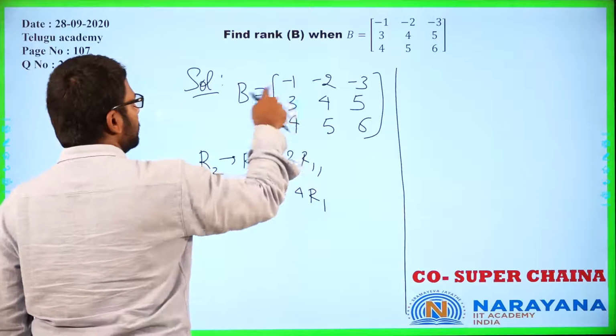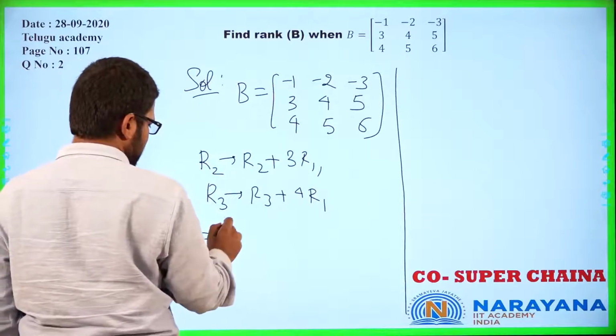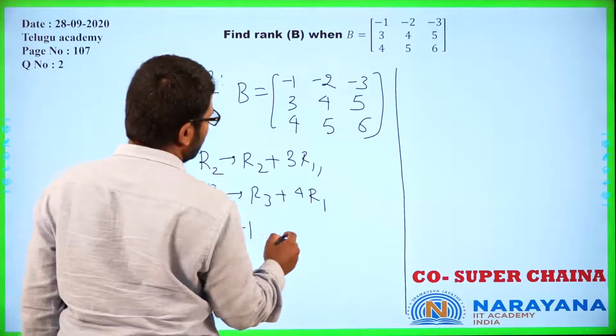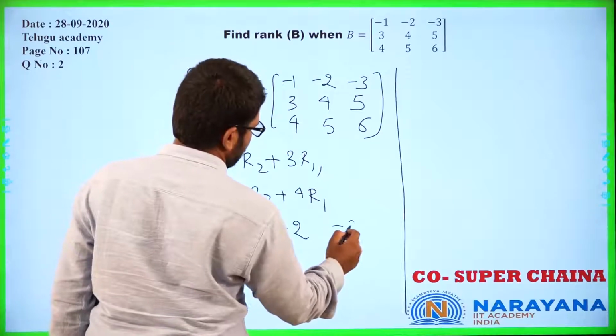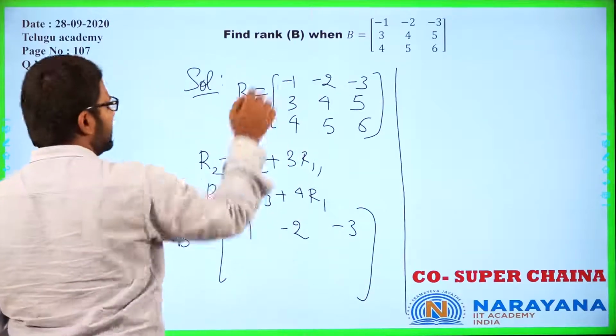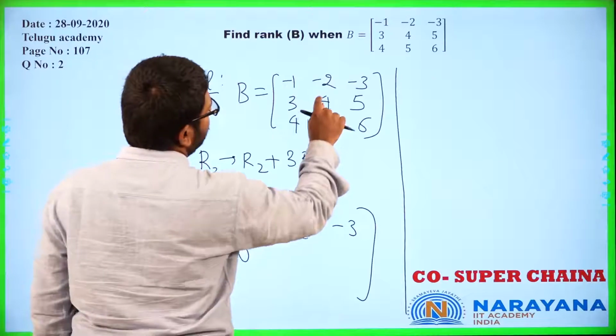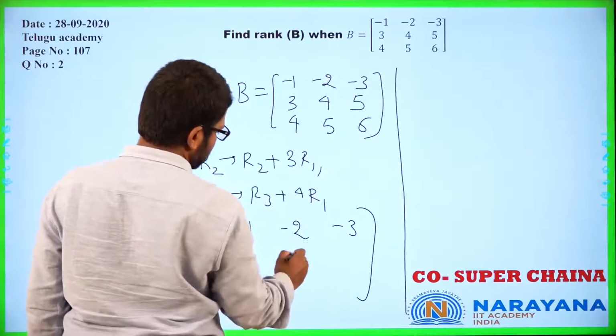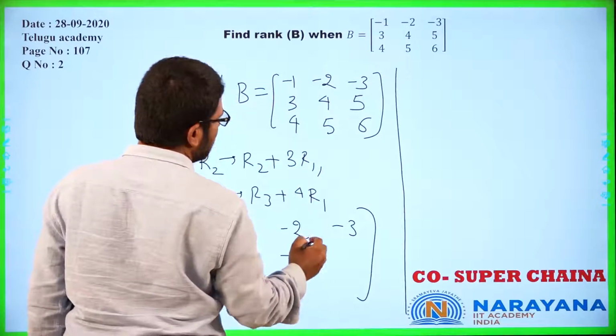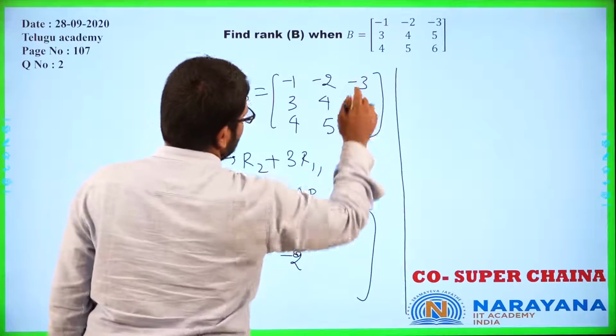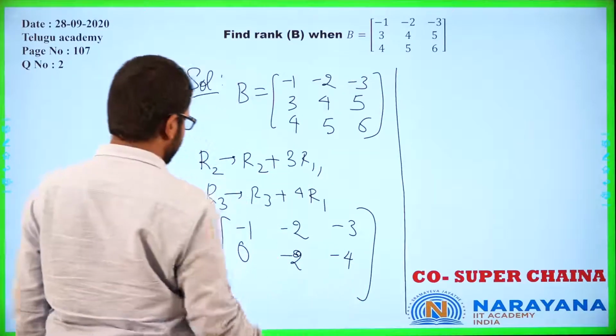We are just trying to get 0 here. So then B is equal to minus 1, minus 2, minus 3. This plus 3 times this is 0 obviously. 4 plus 3 times, so 4 minus 6 is minus 2. And 5 plus 3 times, 5 minus 9 is minus 4.